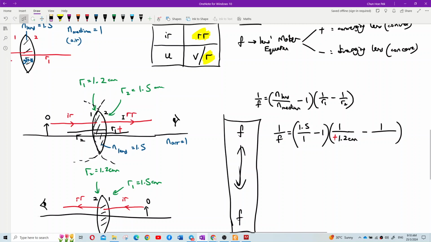No. It's on the opposite side, isn't it? Radius 2 is at the left hand side. The reflected ray is at the right hand side. So opposite. Opposite means negative. Remember, if same side, we consider it positive. If opposite side, we consider it negative. Understand, class?